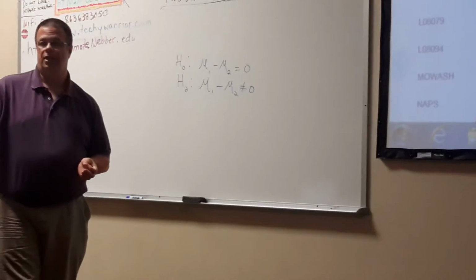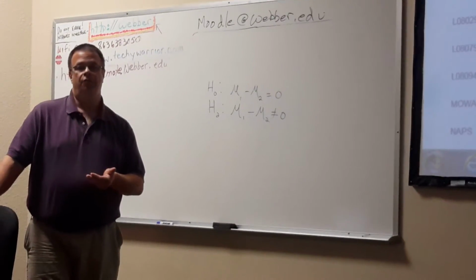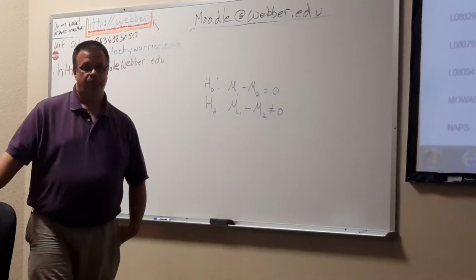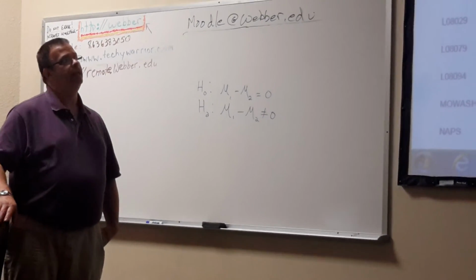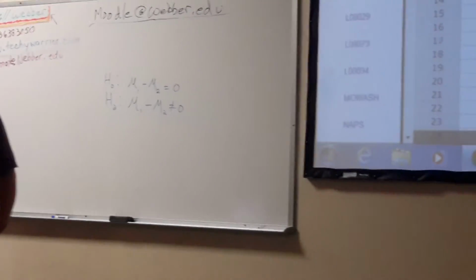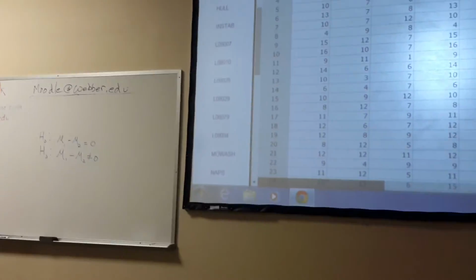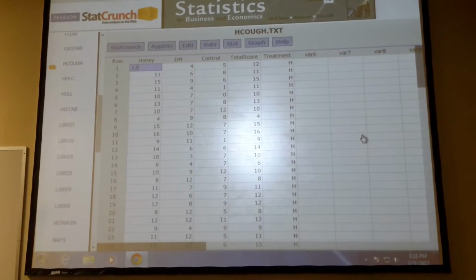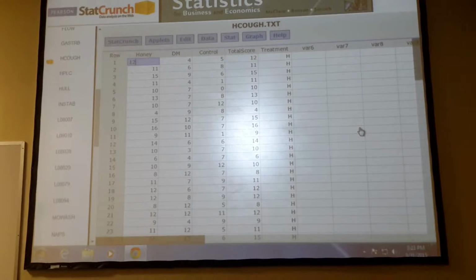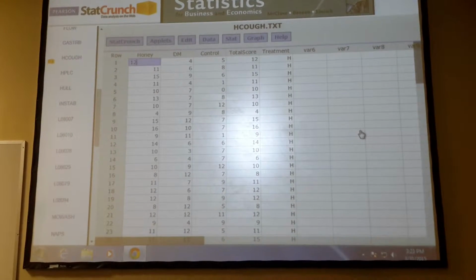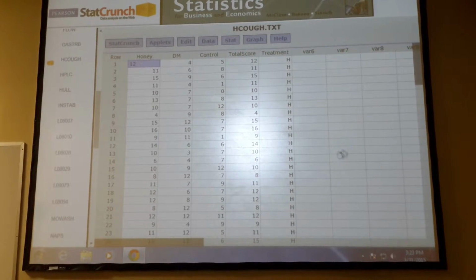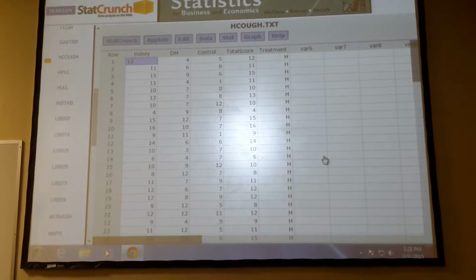We're going to be working with a sample and trying to make an inference or a conclusion about that population. The data file that I've got here deals with children, and they took 3 different groups of children. We're only going to be concerned with 2 of those groups for now. These children were experiencing cough symptoms, having trouble trying to sleep, and they gave one group of children honey.